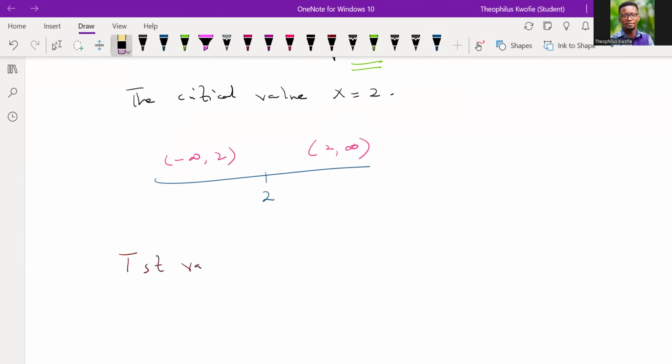Let me use different pens. So we use some test values, then the sign of f prime of x, and then the result. Good.